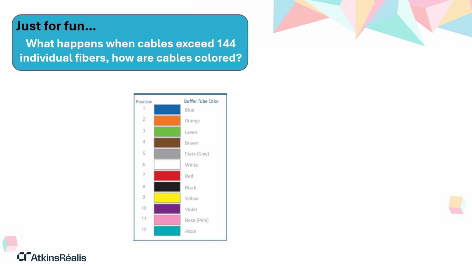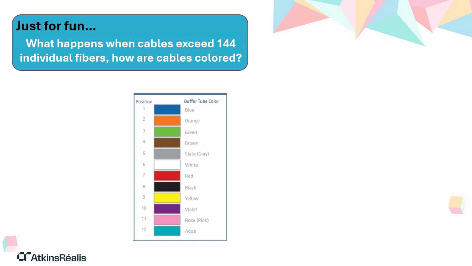So if I asked, what happens when cables exceed 144 individual fibers? How would we have the buffer tubes within cables colored? Obviously, at this point, we've exhausted all 12 of our colors in both the fibers and the buffer tubes.